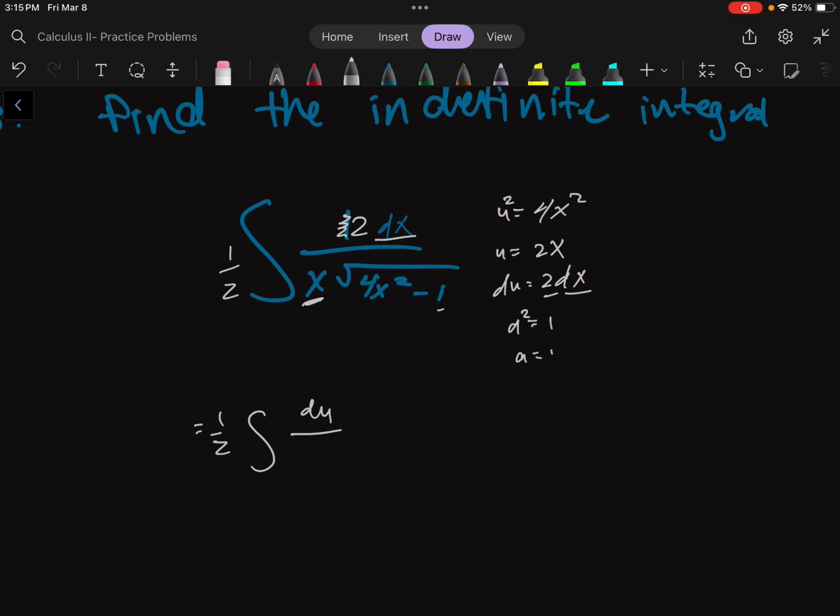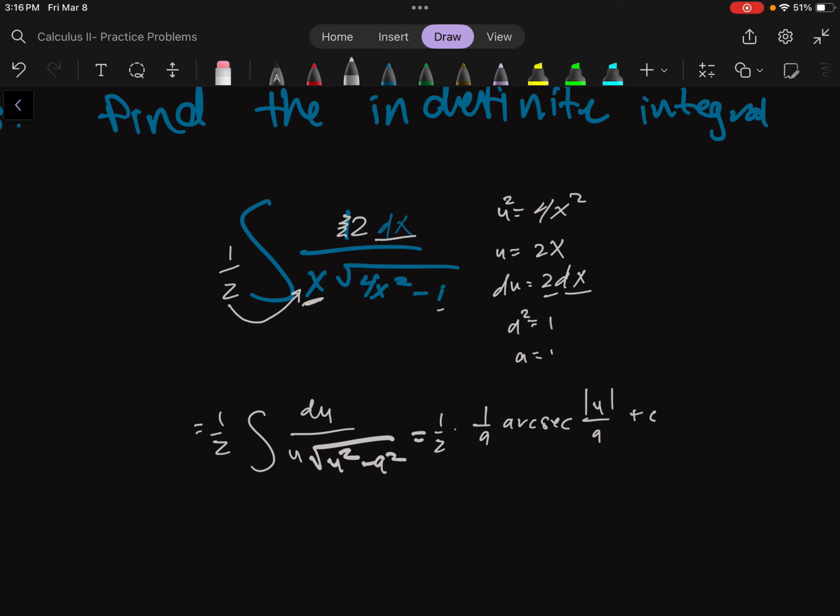Now we have du over, well, we also want this 2 to bring inside there. That way we have that 2x that we could call u. And then we have the square root of u squared minus a squared. And that just turns into 1/2, 1 over a arcsecant of the absolute value of u over a.